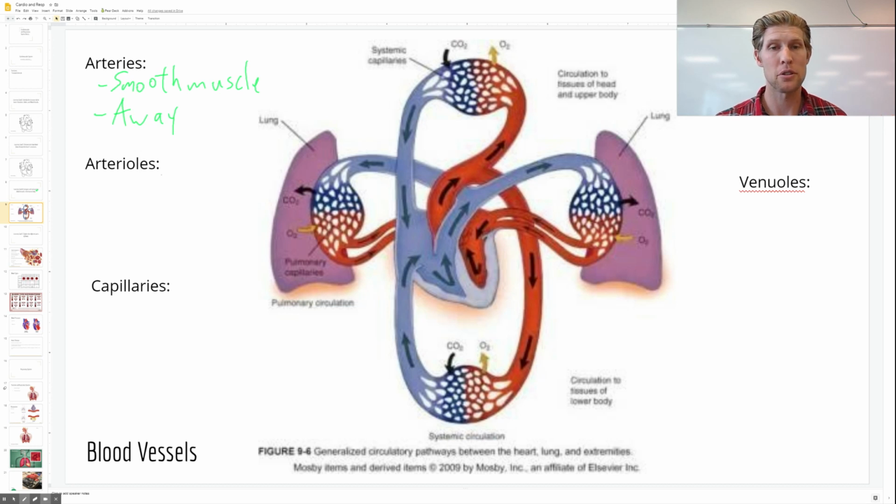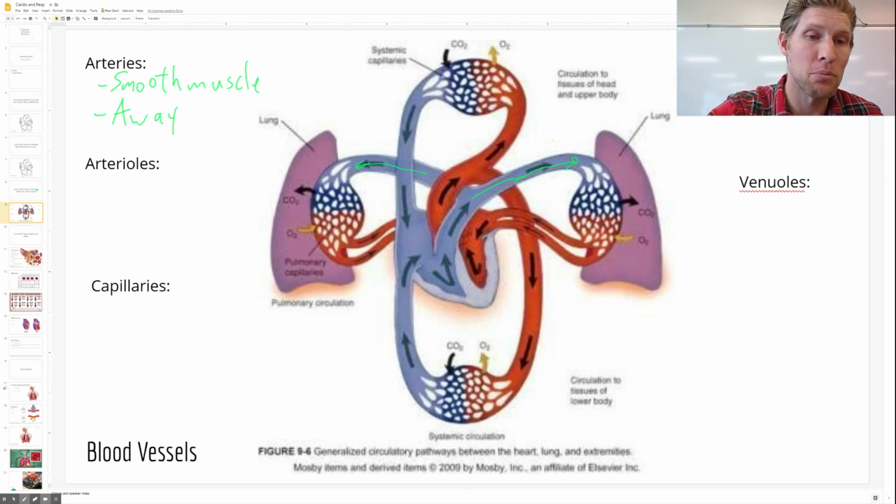Well, that's not always true because you have your pulmonary arteries right here, these bad boys that carry blood away from the heart, and it's deoxygenated blood to your lungs. So you can't always say that, but the best way to remember it is arteries away. Arteries away. Now, arterioles are always going to be carrying blood away as well.